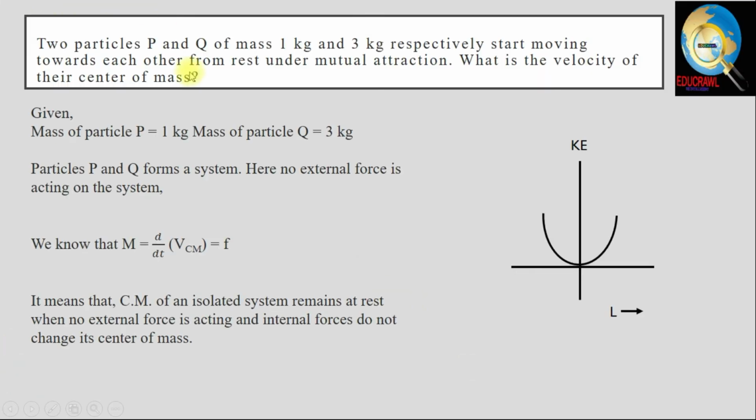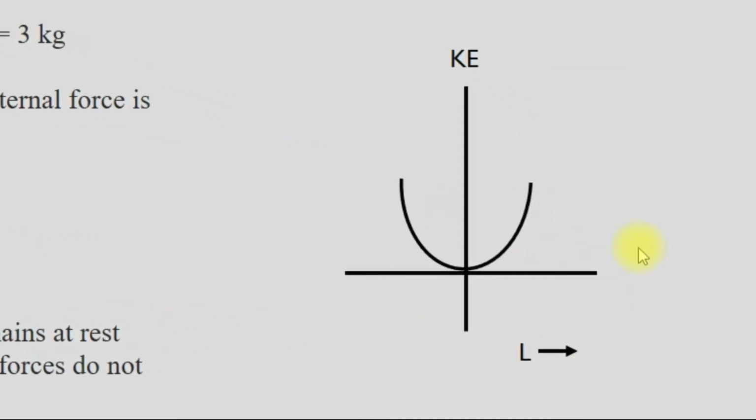The next problem. Two particles P and Q of mass 1 kg and 3 kg respectively start moving towards each other from rest under mutual attraction. What is the velocity of the center of mass? Here it is given that the mass of one particle is 1 kg and the other is 3 kg. They are moving towards each other, hence they form an internal system.